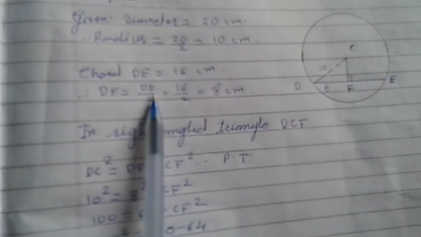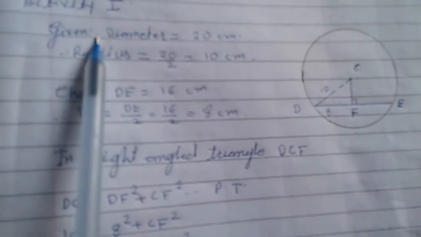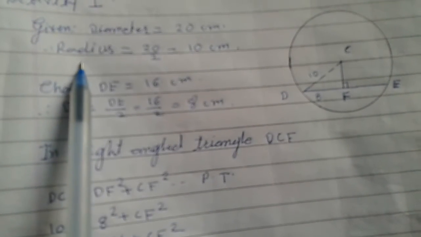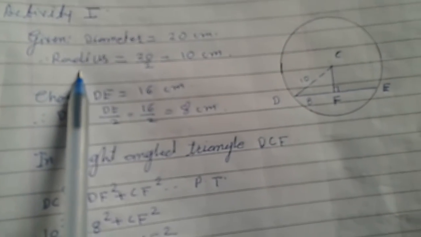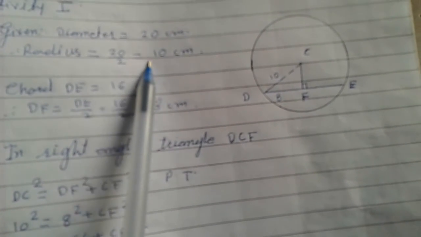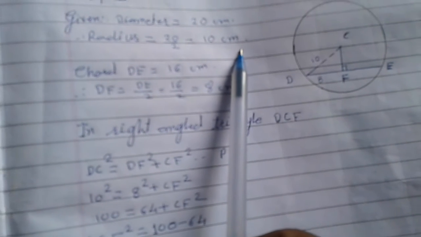Okay, now see here, this is our activity first. So given things are here, diameter is 20 centimeter. So according to the property, radius is equal to half of the diameter, that means 20 upon 2 is equal to 10 centimeter.